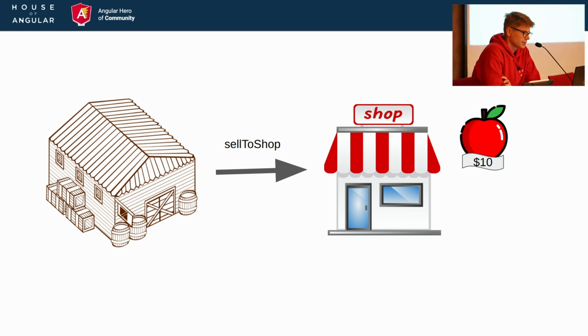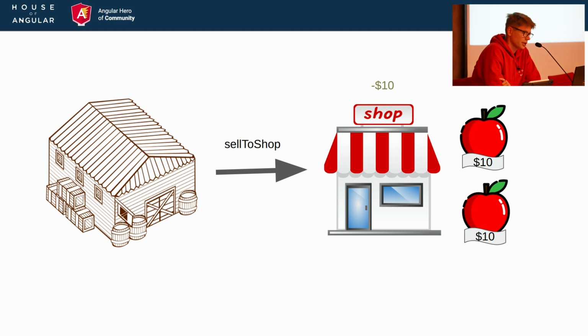But let's go further, and we can add some more complexity to our example now. On the left, for example, we see some kind of supplier because we need to produce our products, and maybe we can sell them to the shop the same way that we've been selling apples to the customer. And let's see how we can do it.